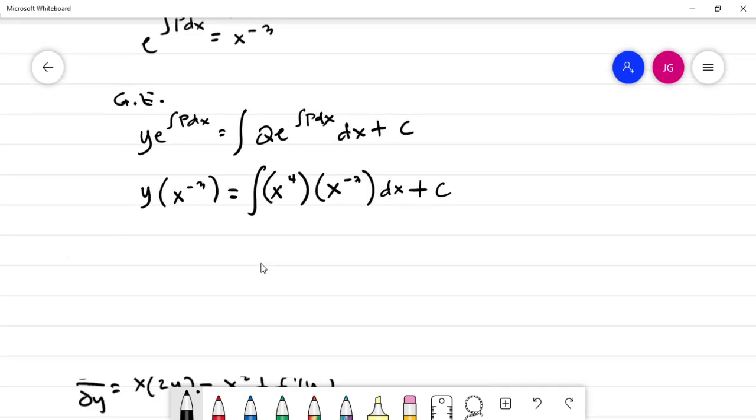So we can write our equation on the left side as y over x raised to 3. Then we simplify the inner portion, that is x raised to 4 minus 3, that is x dx, then plus c.